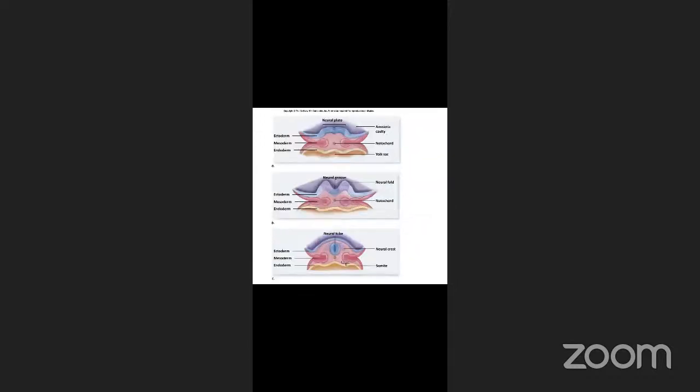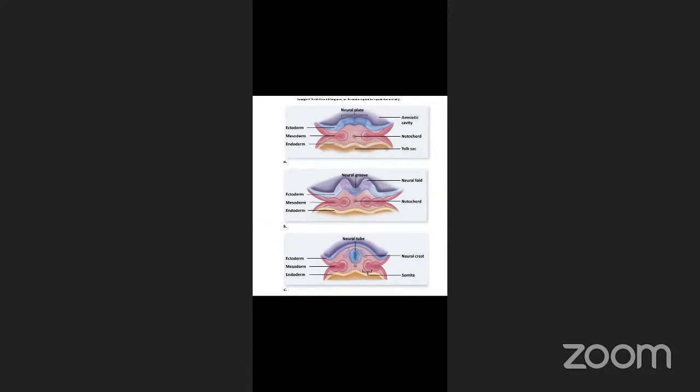So this is how it looks. The neural plate is at the top, which forms from the ectoderm, and below that, the blue color, then below that we have pink color which is from mesoderm, it has notochord, and below that the yellow one is endoderm, and below that is yolk sac. This neural plate will fold to form neural groove and neural folds.